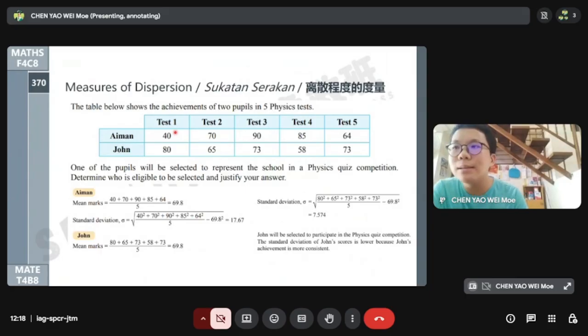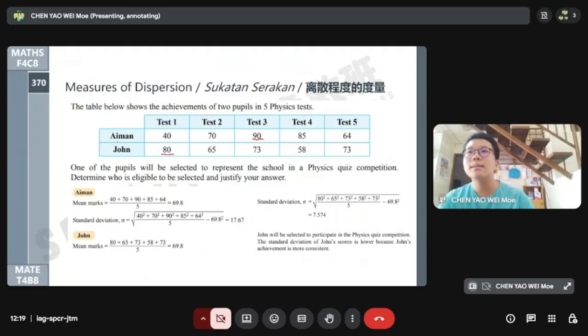How do we determine? Do we use the largest value here? Actually, not. Why? What happened? If you see Aiman, the smallest is 40. John, the smallest is 58. Largest, Aiman 90, John 80.